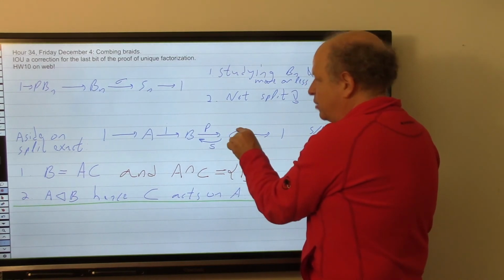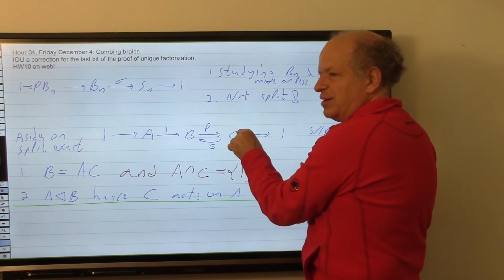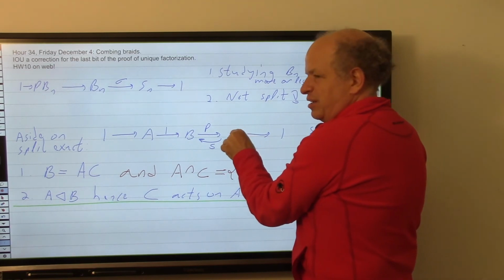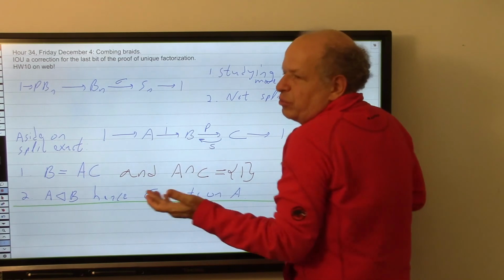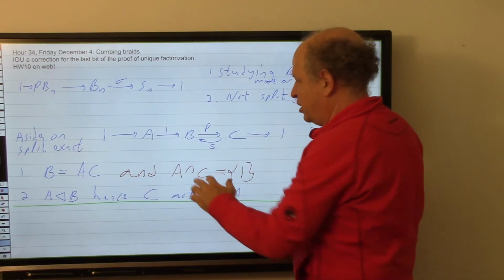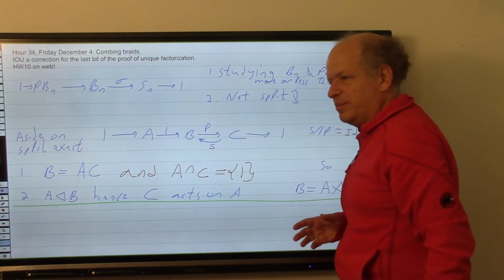So what you started from on the right must have been 1, so its image here must be 1. So we are just with 1. Okay, so A intersect C is 1.